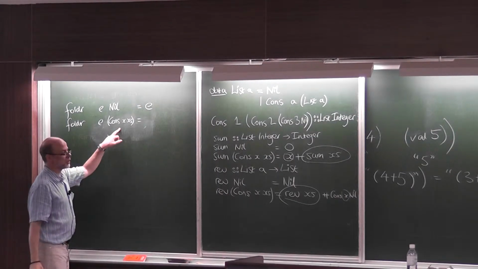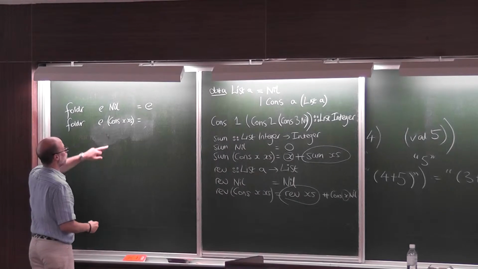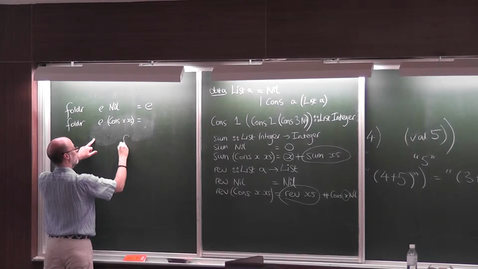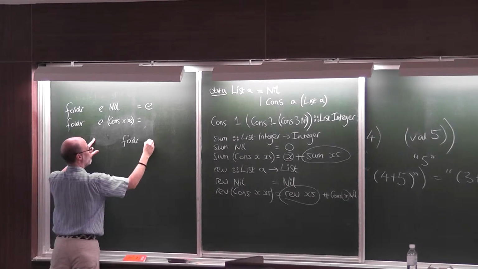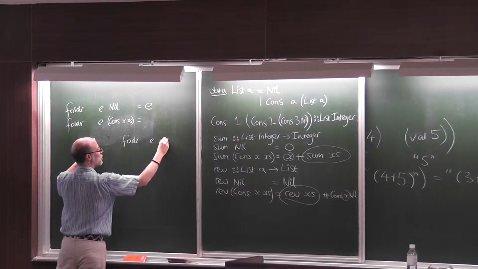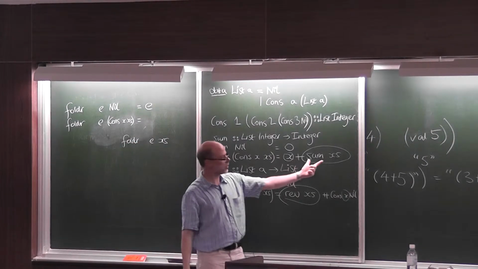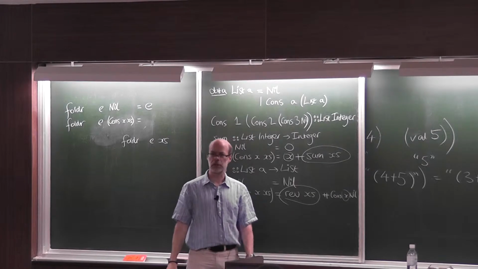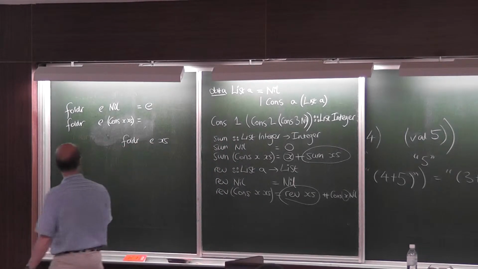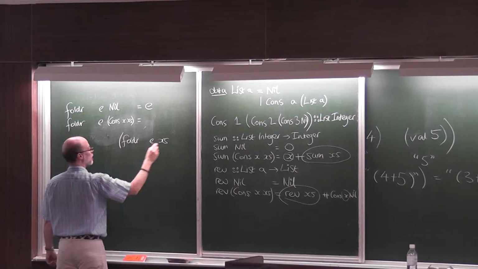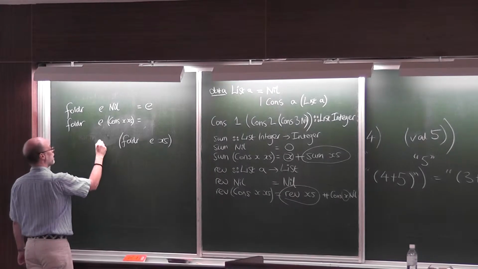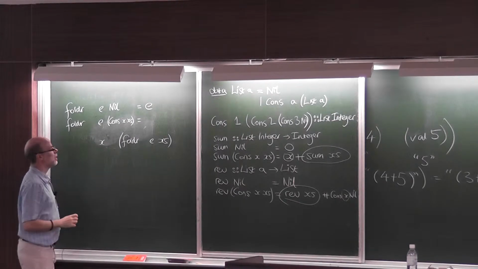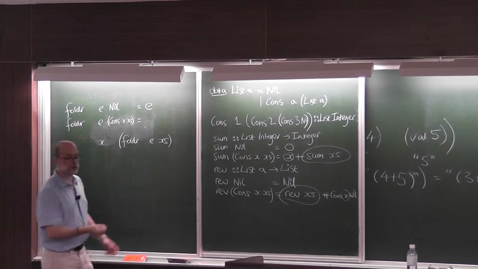And in the non-empty list case, I do a recursive call on the tail of the list. That's part of the pattern. You do a recursive call on the tail of the list, you do a recursive call on the tail of the list. That's the pattern I'm capturing. And you have the head of the list, and you do something with them.